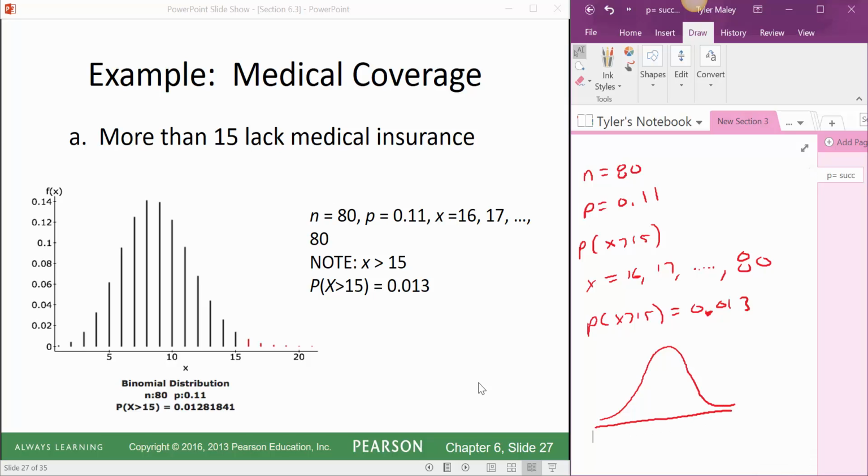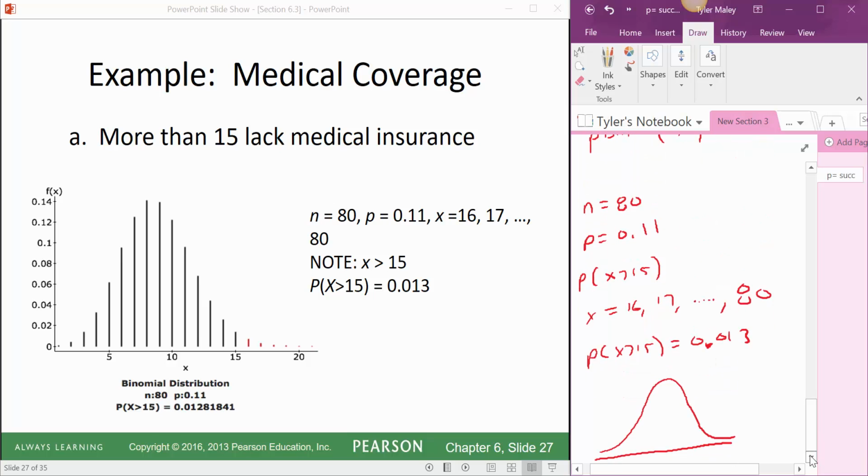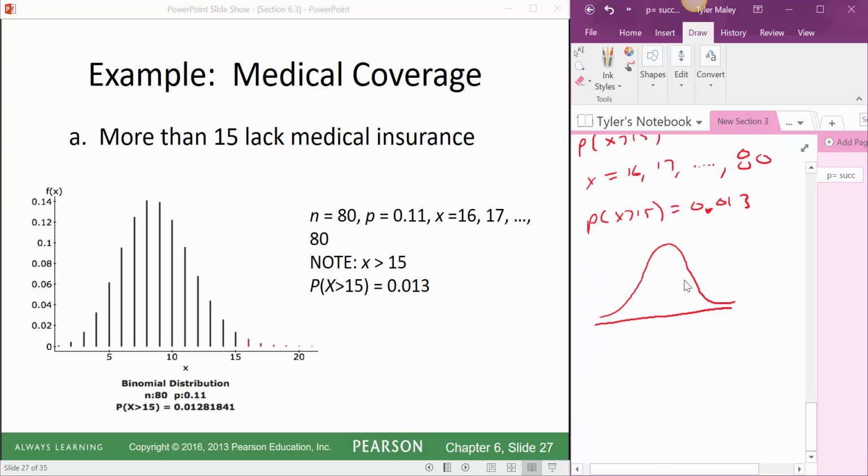So we can think about this as an area, trying to relate it to what we did earlier with the area of the bell curves. So here's 15, all the way to 0. We could use R to find this, but we want to know what's bigger than 15, so 16 all the way to 80.